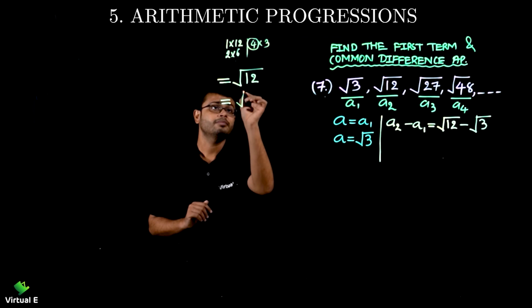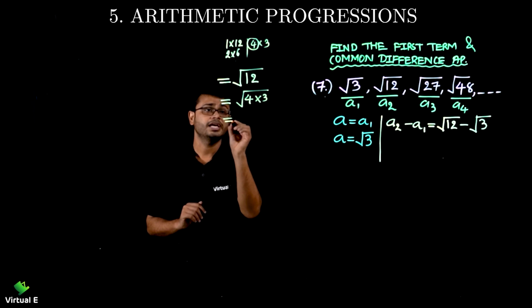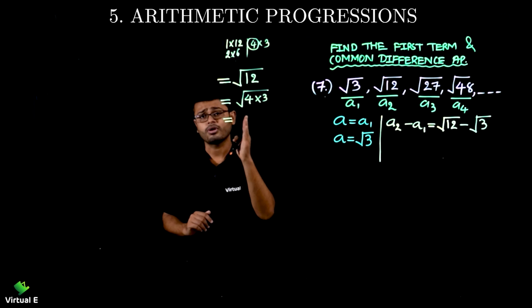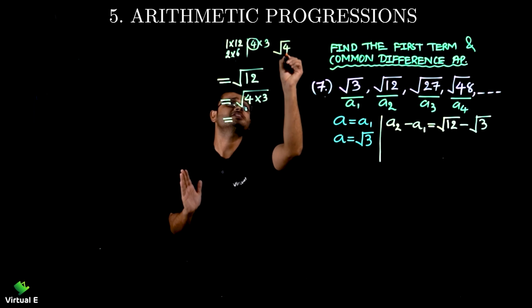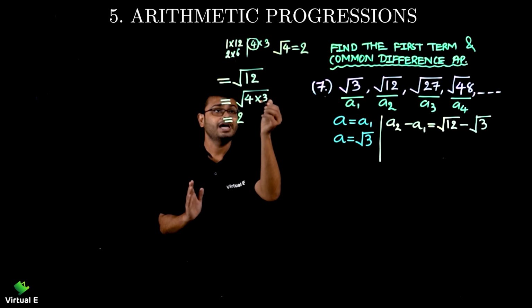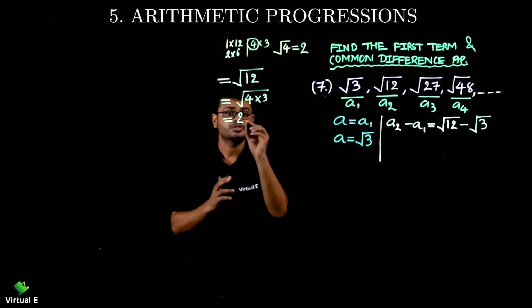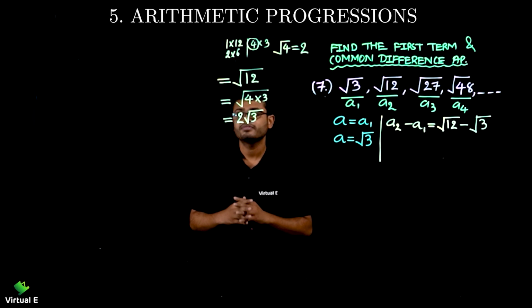So how will I be doing? 4 multiplied by 3, simple. Then if I take the square root of 4, what will come out? Square root of 4 is very simple, which is 2. So I will be writing 2 outside and I cannot take the square root of 3, so it will be inside. So 2 square root of 3.